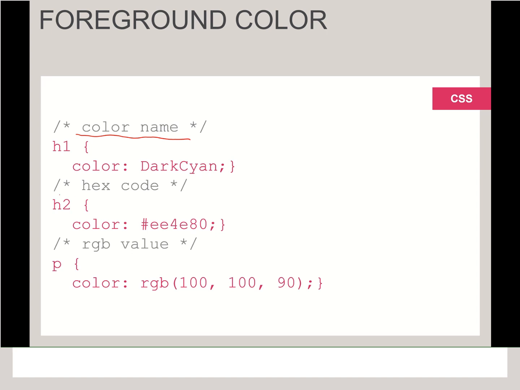The second one, we use Hex Code. This is just hex format. So you can find here. Let's look at it. It starts with a hash, and then we have 3 components R, G, and B. Each one is a hex value.